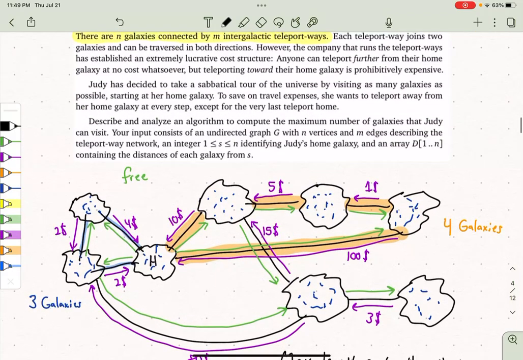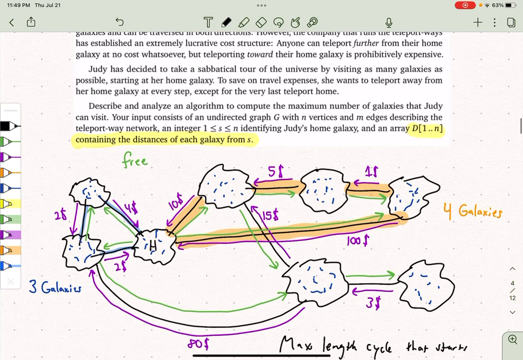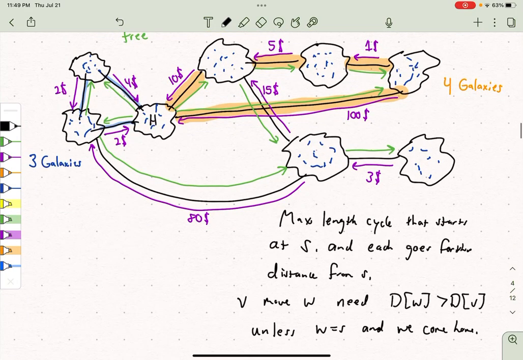D here is the distance array. It models all these distances from galaxies to the home galaxy S. So that's the setup for the problem.